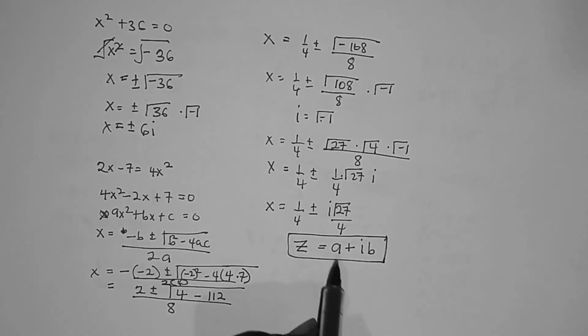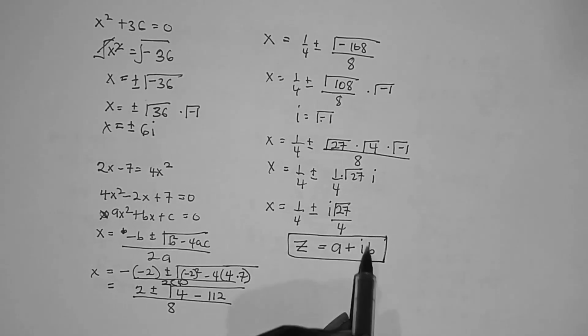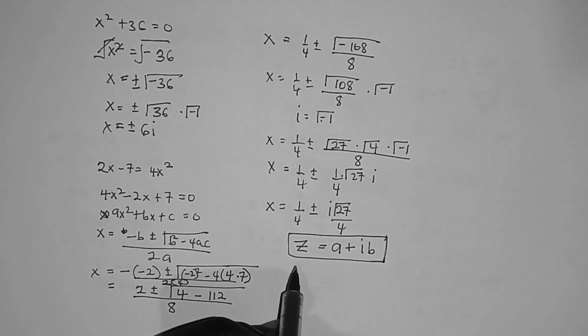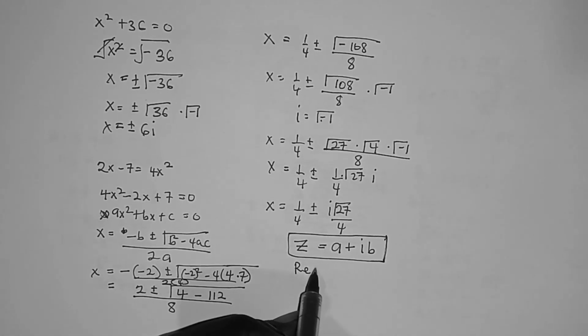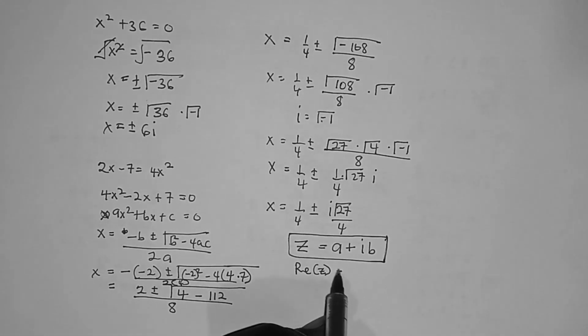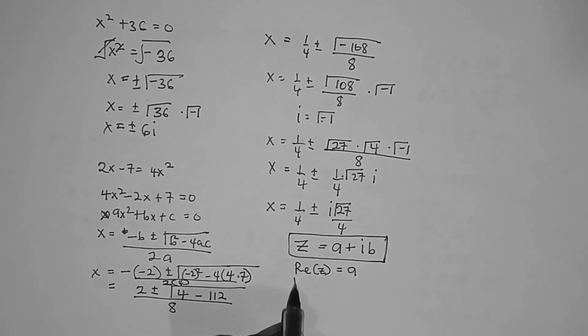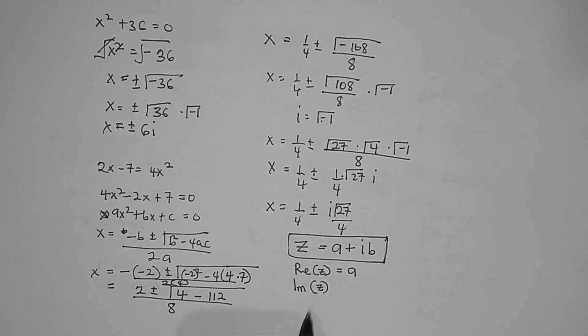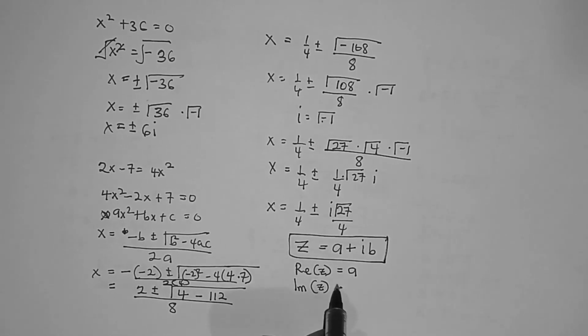Any complex number has a real part and then an imaginary part. So the real part is denoted as Re(z). So in this case, the real part of z is equal to a. And then the imaginary part is represented as Im(z). And in this case, it is equal to b.